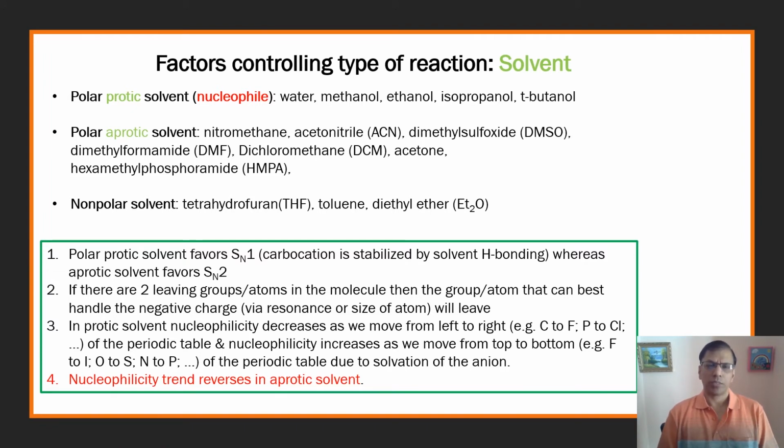Most important thing to remember is the nucleophilicity trend reverses in an aprotic solvent. So whenever you see an aprotic solvent, just pause and remember this rule.